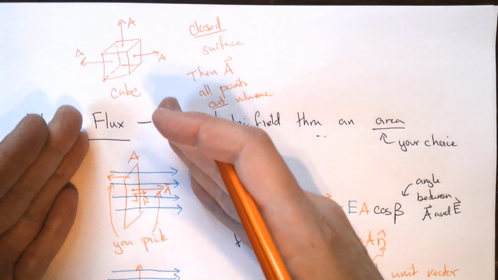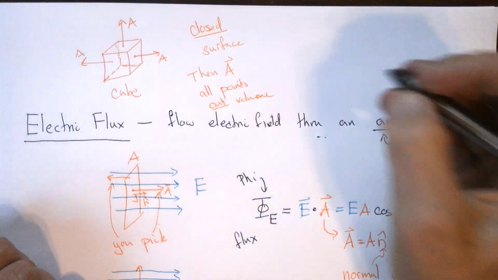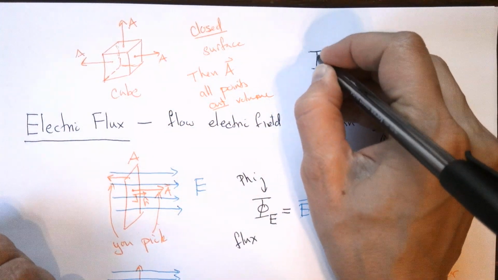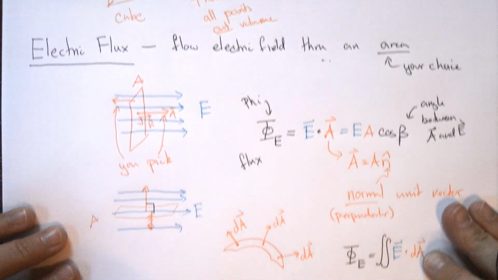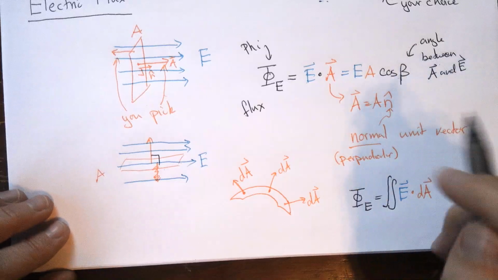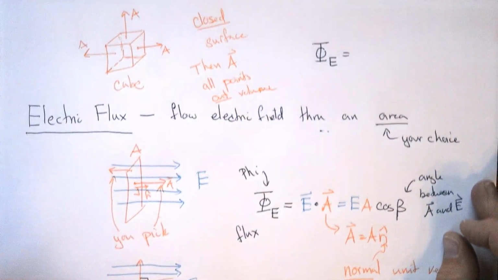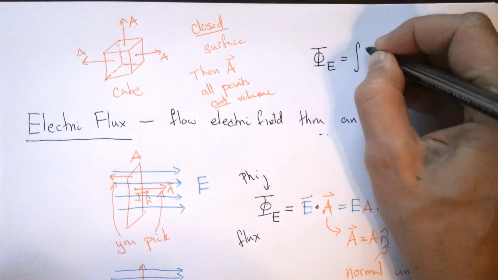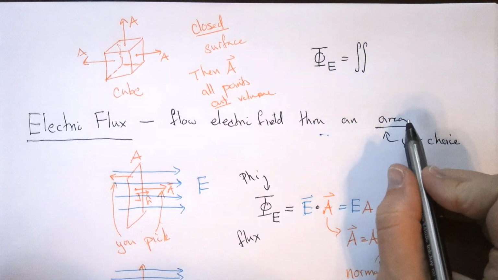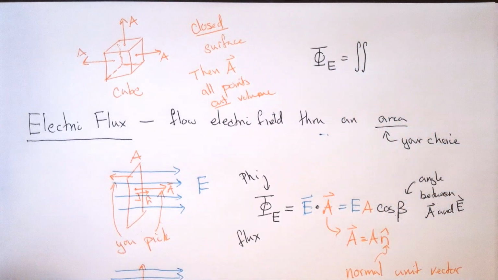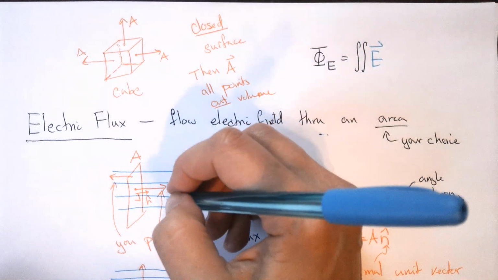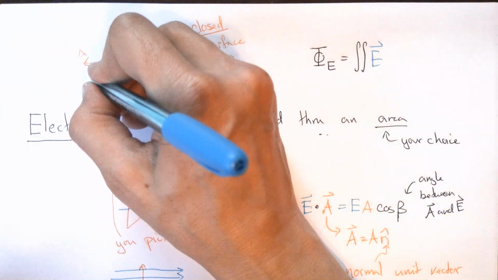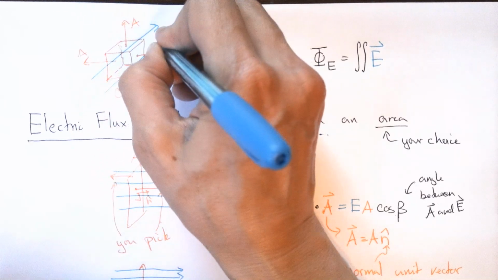And if we want to find the flux here, we have a mathematical way to denote that. We still have the flux, same symbol. We're going to have to do an integral here because we have a surface which is changing. Still going to be two-dimensional because we're still looking at an area, which is a 2D sort of thing. Still have the electric field. So let's say it's still uniform. Maybe it's flowing like this.